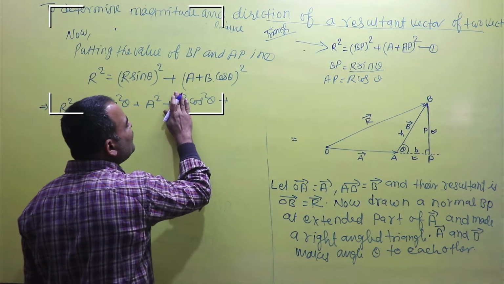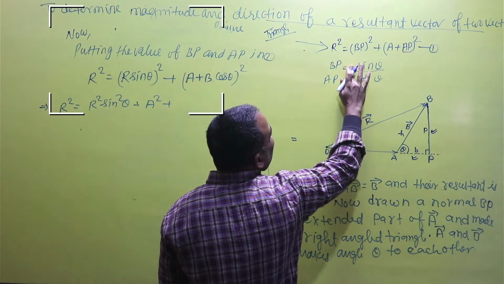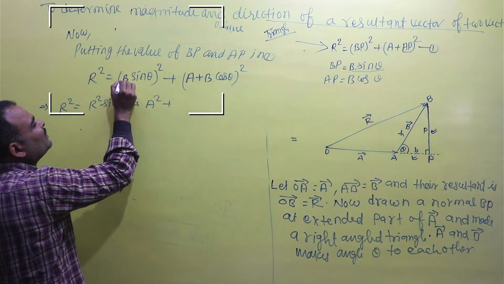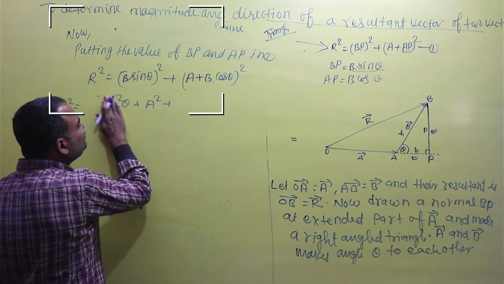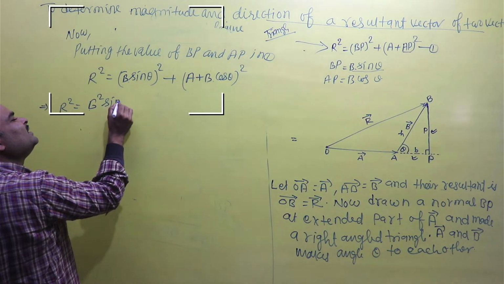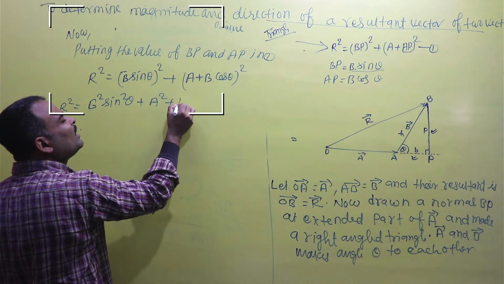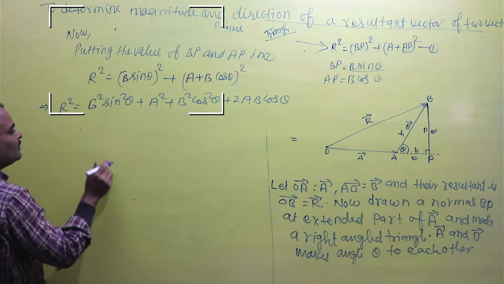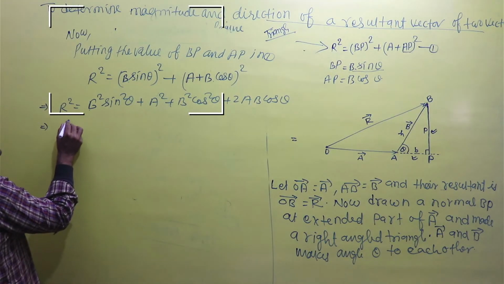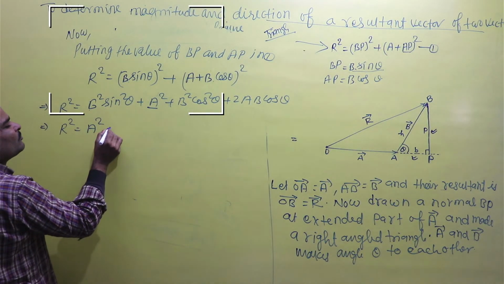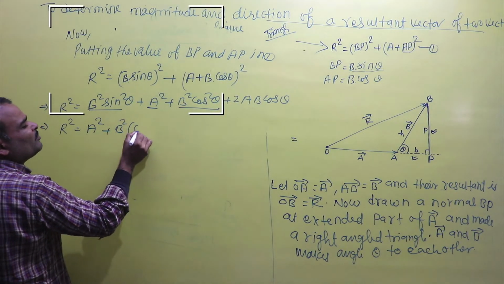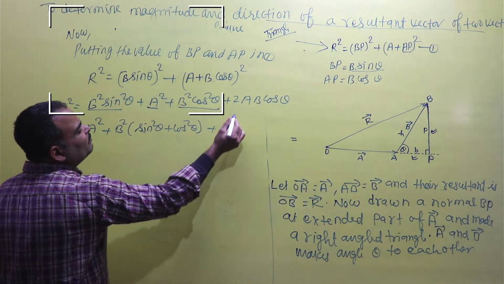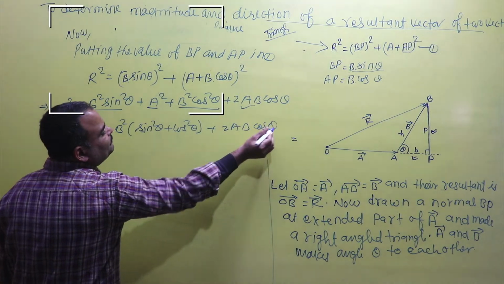Here we wrote B sin theta and B cos theta, we had written it by mistake. So R square is equal to B square sin square theta plus A square plus B square cos square theta plus 2AB cos theta. And now R square is equal to A square plus B square, which will be common, times sin square theta plus cos square theta, plus 2AB cos theta.